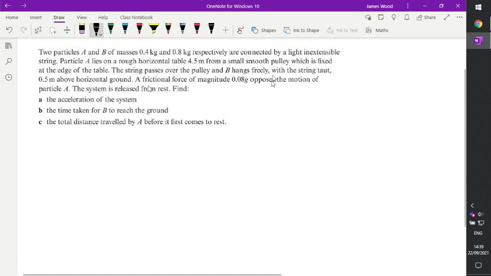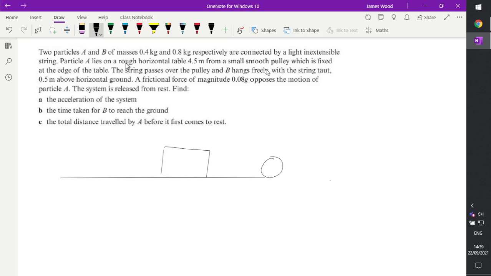I'm just going to draw a diagram for this. That's my table. We've got a pulley at the end of it. Got an object here. So particles A and B, 0.4 and 0.8. There's the string going to the pulley.